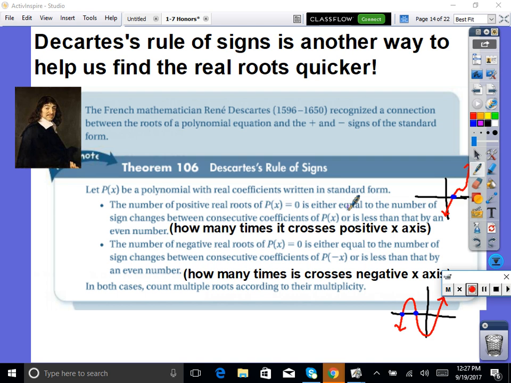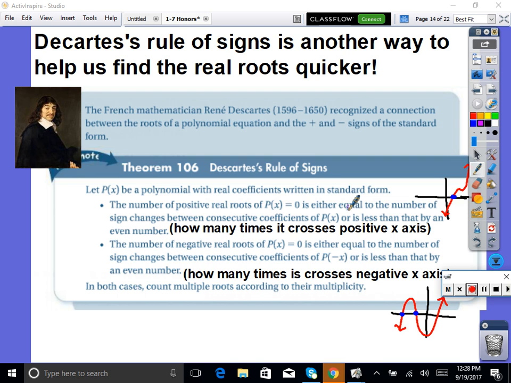The number of positive real roots when the polynomial is set equal to 0 is either equal to the number of sign changes between consecutive terms or less than that by an even number. So we subtract 2. If there was a sign change from positive to negative 2 times, that means there are 2 positive real roots or 0 positive real roots. And he noticed that always works. Does that kind of make sense? We'll go through an example.